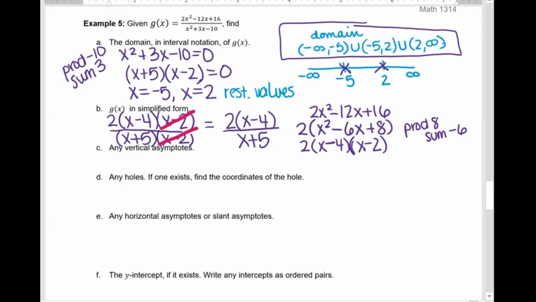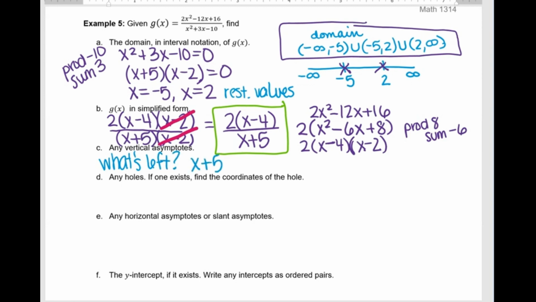Remember, from this point forward, pay attention to your simplified form. Our vertical asymptotes are what's left in our denominator. So we're going to take our x plus 5 equal to 0, and we get x equal to -5 is our vertical asymptote.